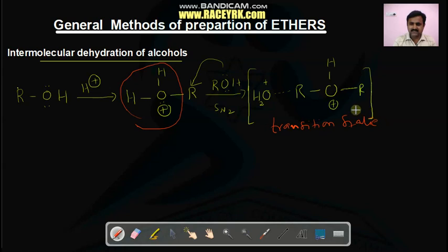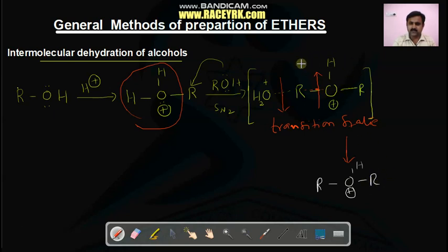So in this transition state, bond formation and bond separation both take place. Here the bond will be separated out. Here the bond will be developed. That means immediately this reaction leads to the formation of a protonated ether, that is nothing but RO positive, here hydrogen, here R will be there.